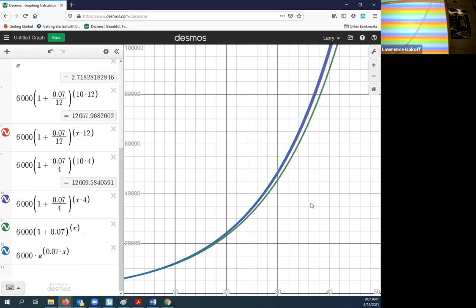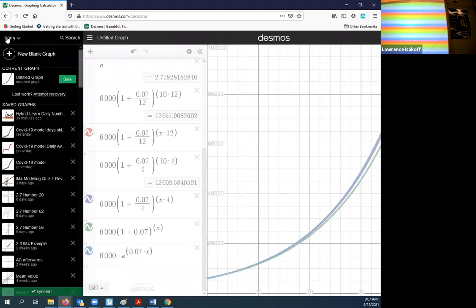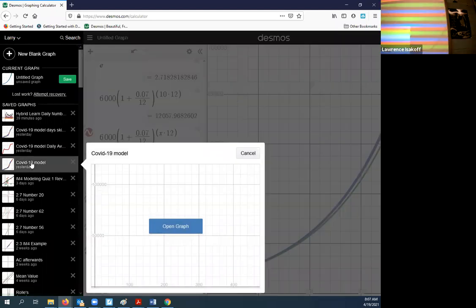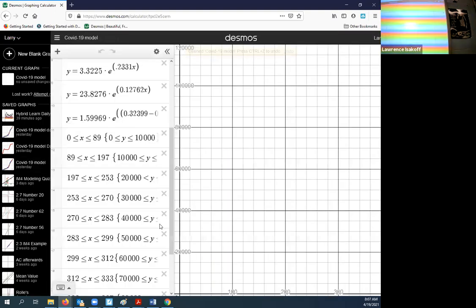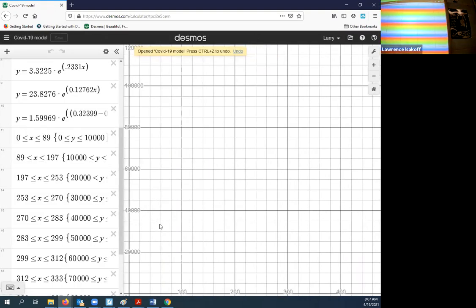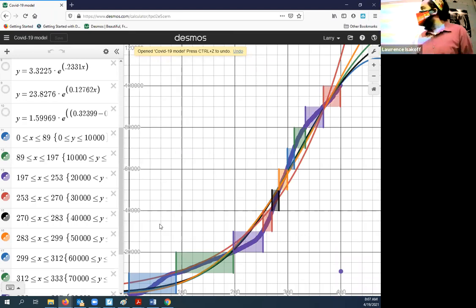Another thing I wanted to point out very quickly with exponentials is something we've been seeing a lot of when we look at our data for the state of Delaware, along with COVID-19.